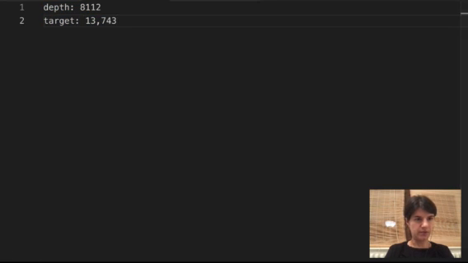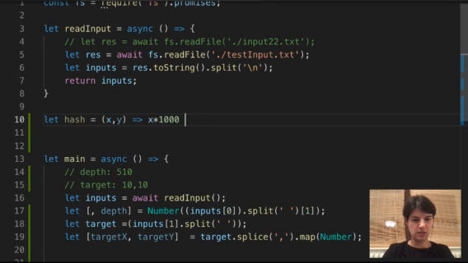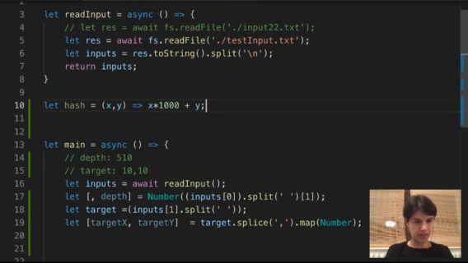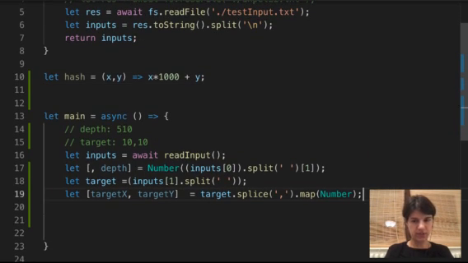Oh, 700, so let's do 1,000 plus y. So this is my hash. I have a target x, y.